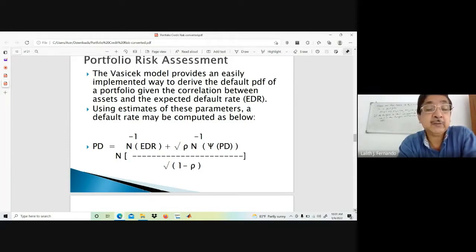So that is a chart you can find in one of your books. I will just provide that for you at a later stage. Now in the Vasicek model, the things are given in this nature. Now rho is the general correlation between the loans in a particular portfolio, but here it is assumed that for each and every loan, the same correlation prevails.